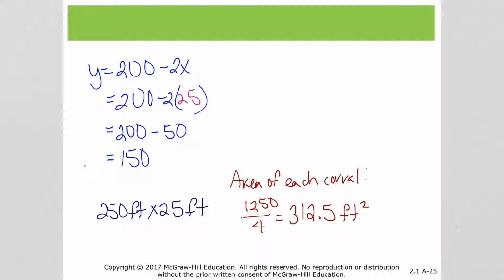So each corral is 312.5 square feet, and the dimensions for the entire corral are 250 by 25.